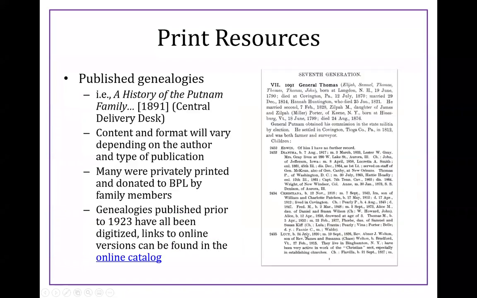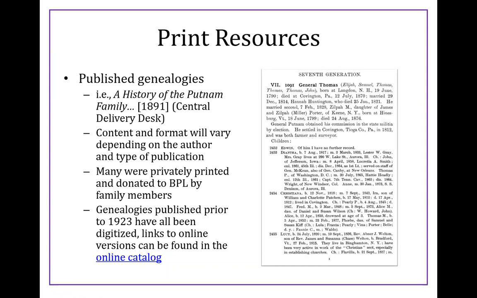All right, so now these can also be really good sources of information: published genealogies. These are books that are put together either by a member of a family documenting their own family, or sometimes by professional genealogists or writers.